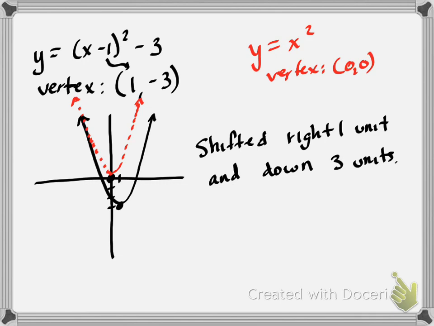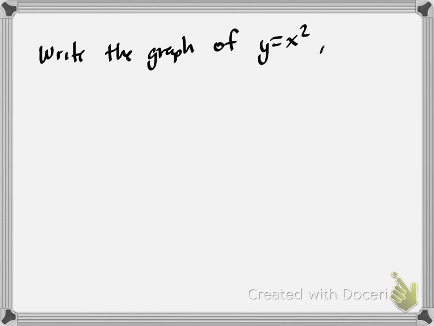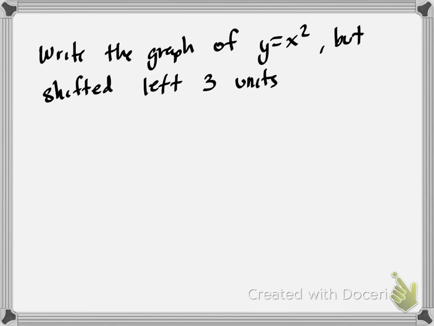And Khan Academy will give this to you as a graph. We'll just give you an example. This is what they're going to say. They're going to say, write the graph of y equals x squared, but shifted left 3 units and up 5 units.